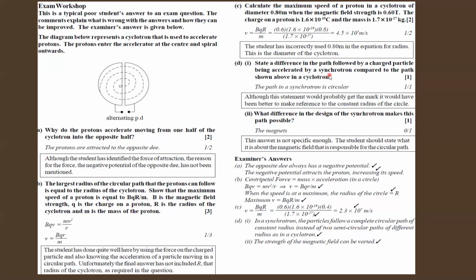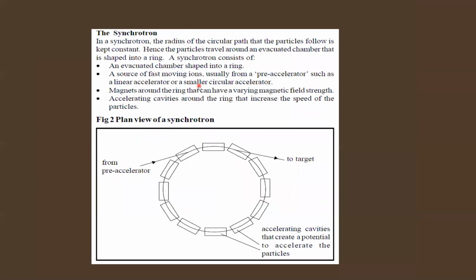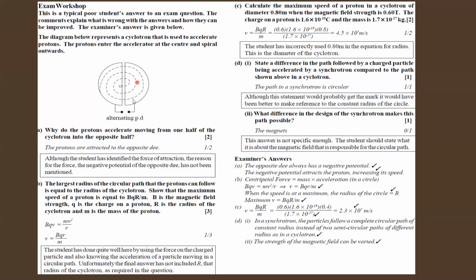Then state the difference in the path followed by a charged particle being accelerated by a synchrotron compared to a cyclotron. So a synchrotron is using a variable magnetic field. In a cyclotron we use a constant magnetic field, and that magnetic field is only able to change the direction, but because the speeds are different, it has a spiral path.